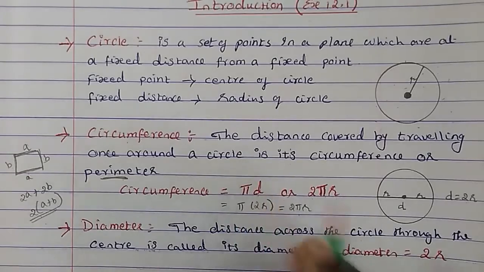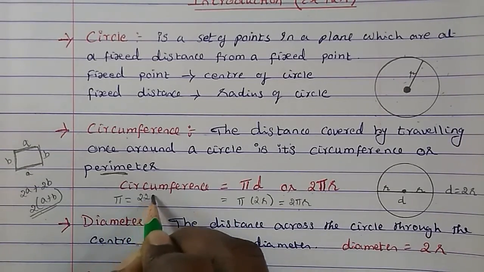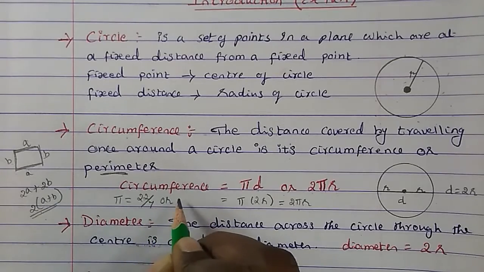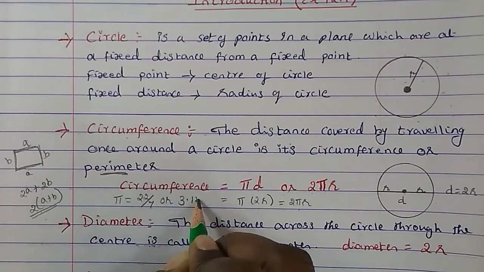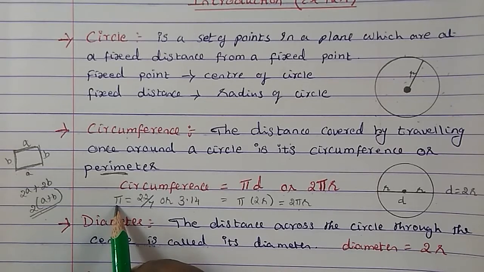The pi value is sometimes given as 22 upon 7, or it's also known as 3.14. Normally in a sum, if they don't give the pi value, you should know by heart 22 by 7 or 3.14.